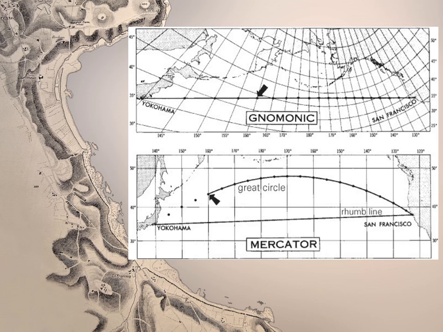The gnomonic chart is very useful when you are in the higher latitude because of the curvature. If you have noticed that the Earth is round, so when you're in the higher latitude, you have a different distance compared to when you are at the equator or at the middle.